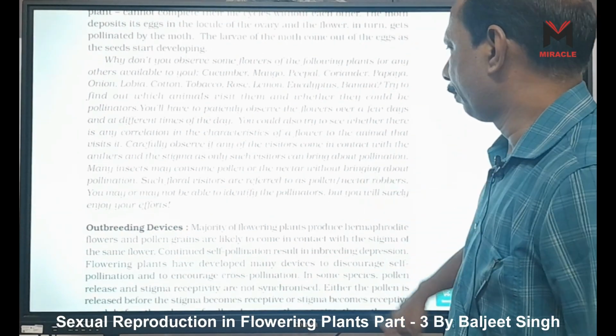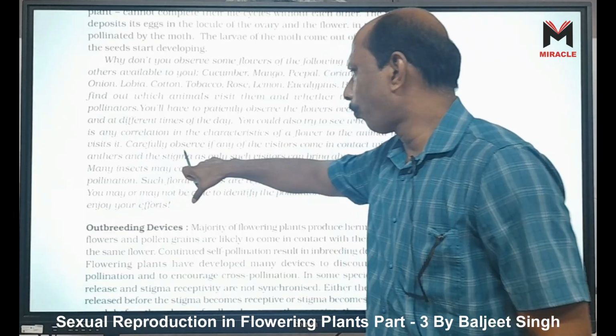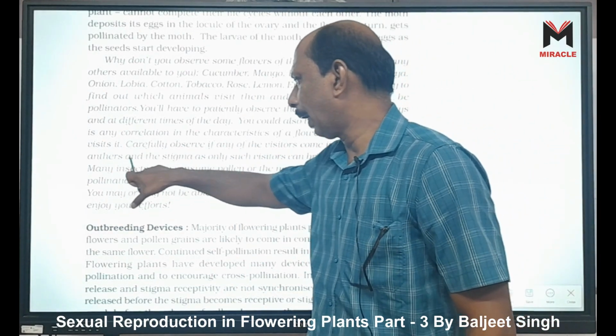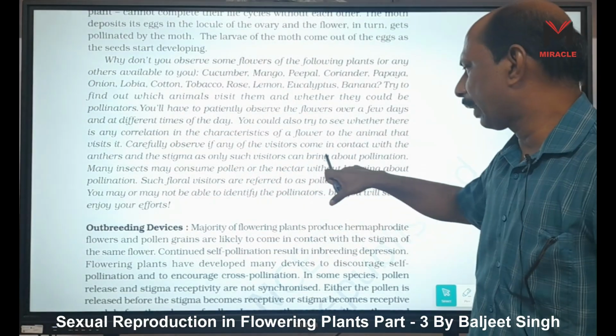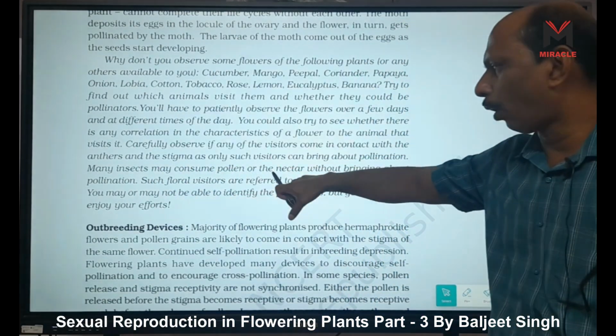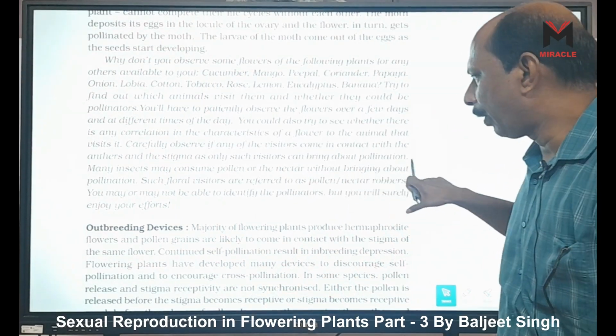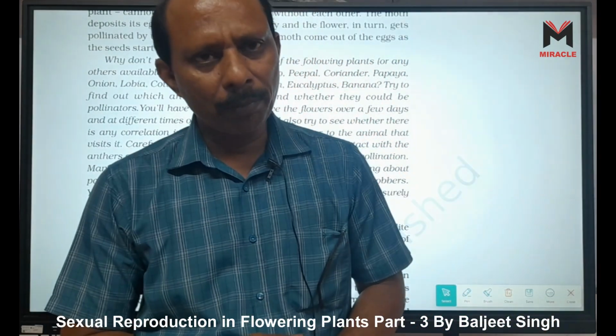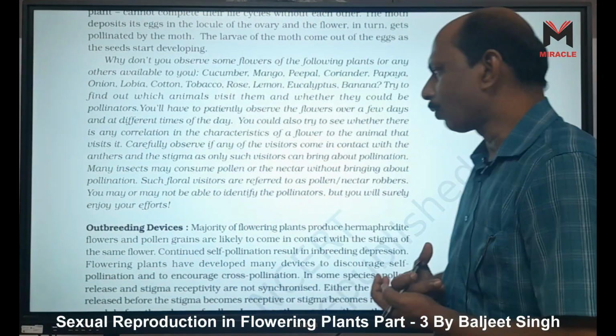Carefully observe if any of the visitors come in contact with the anther and the stigma, as only such visitors can bring about pollination. Many insects may consume pollen or nectar without bringing about pollination. They are not pollinators, but they come and eat the nectar, right? These are called robbers.